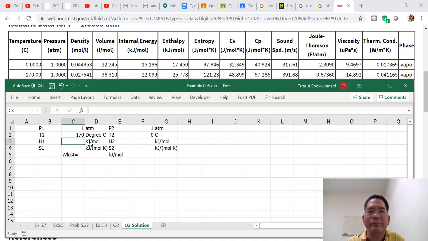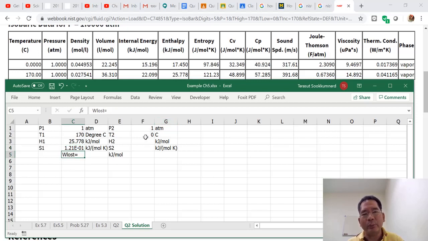For example, T1 is 170, and at this state, the enthalpy is 25.778 and the entropy is 121.2 times 10 to the minus 3, divided by 1000.